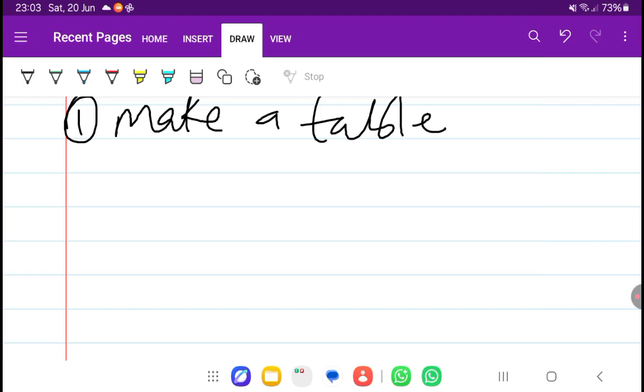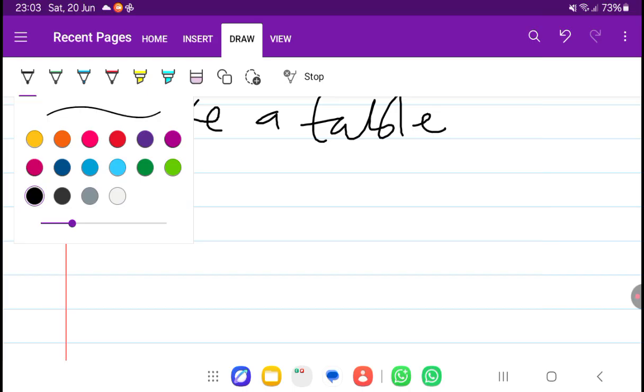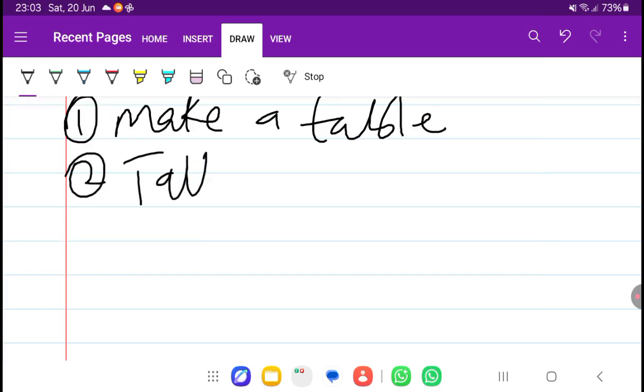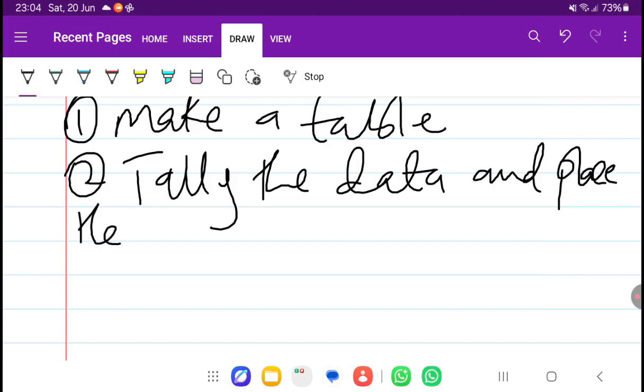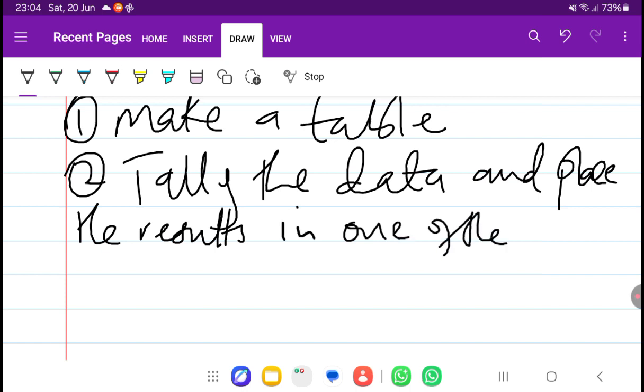The second step is to tally the groups. You tally the data and place the results of the tallies in one of the columns, because remember we said the table is going to have rows and columns.